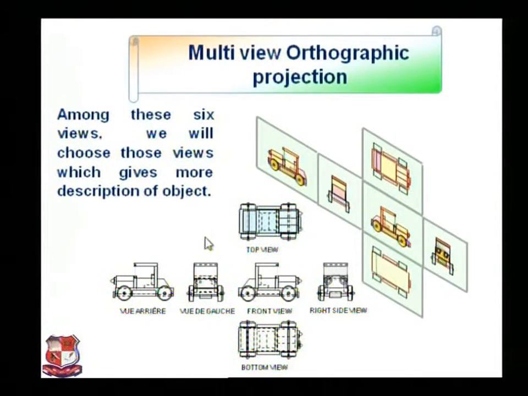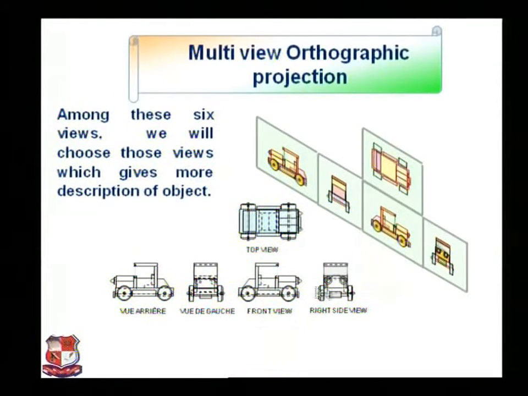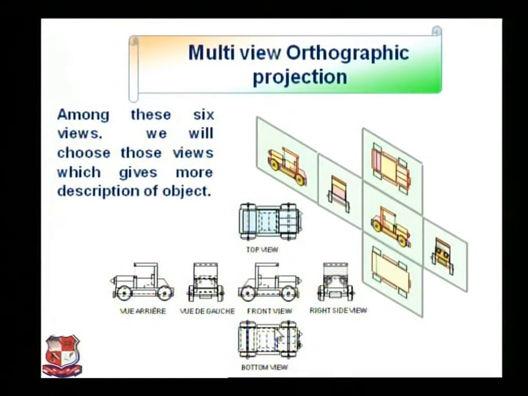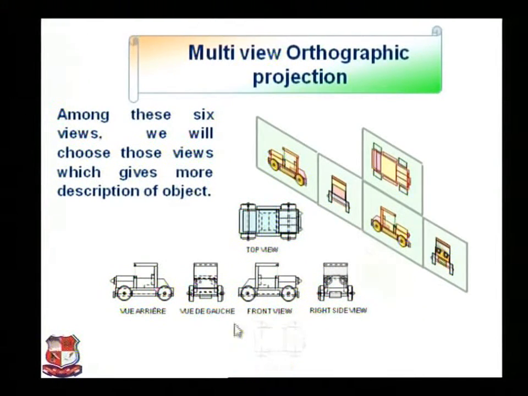Among these 6 views, we will choose those views which give more description of an object. We need not draw all these 6 views. The views which are not giving much detail should not be selected to represent the object. For example, in this case, this bottom view is not needed, so we should trim this.